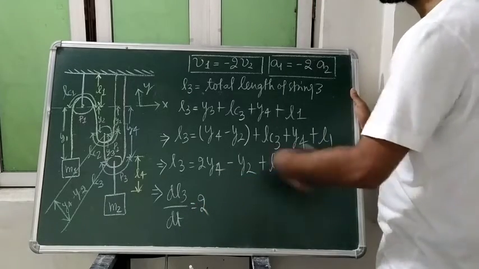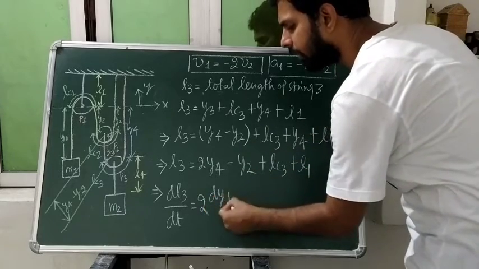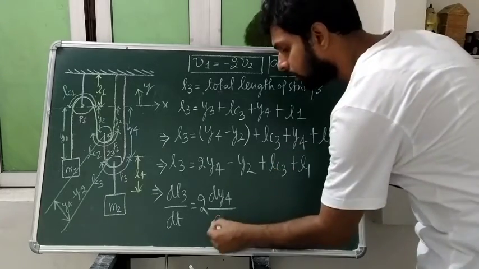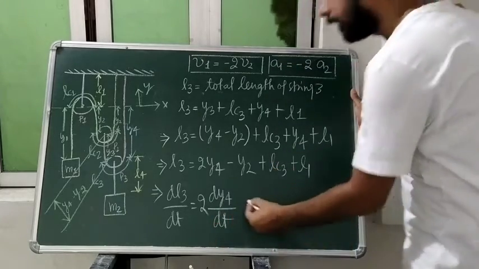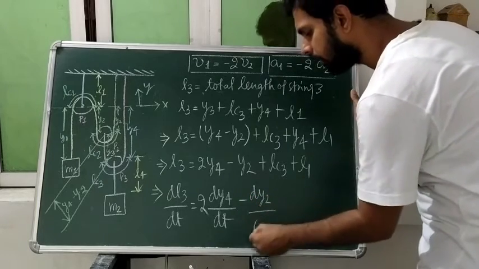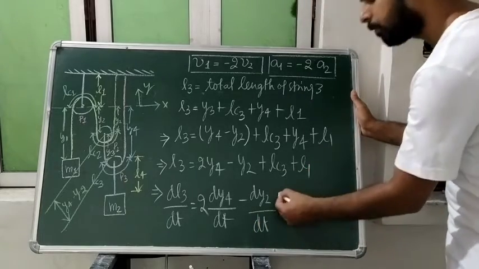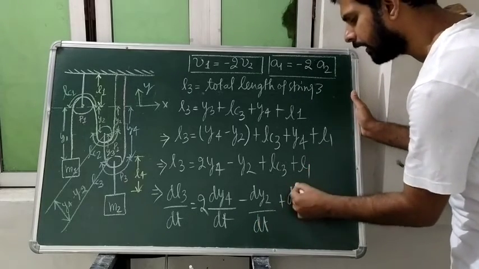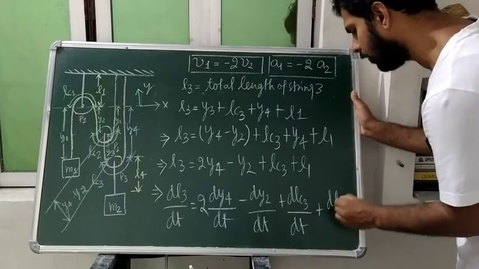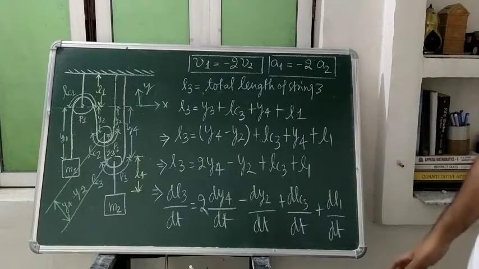Numbers and signs we take outside of the derivative, keep that in mind. So dy4 upon dt minus dy2 upon dt, the minus taken outside the derivative, plus dLC3 upon dt and plus dL1 upon dt. So we will write it like this.